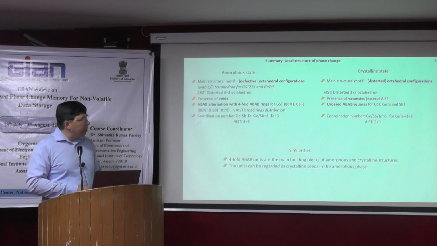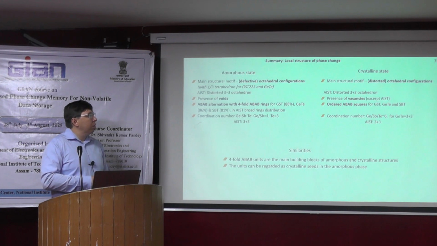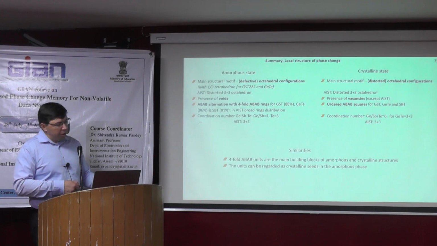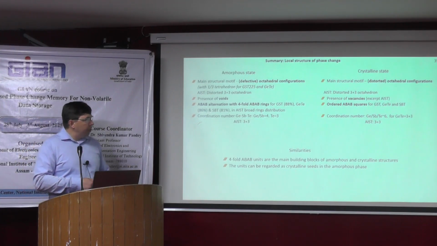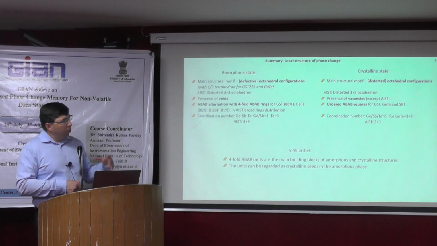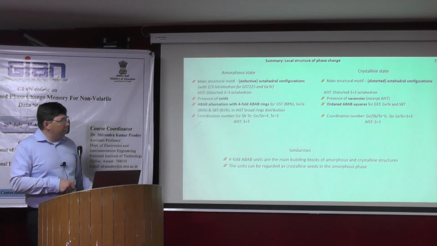So in the crystalline state, the main structural motif is distorted octahedral configurations. As you see here, this is defective, this is distorted. So there are some similarities between crystalline and amorphous state. As I said, it plays a role in the phase changes. We will consider it. So here we have a presence of vacancies for all structures on this tie line, germanium telluride, antimony telluride, but there are no vacancies in AST.